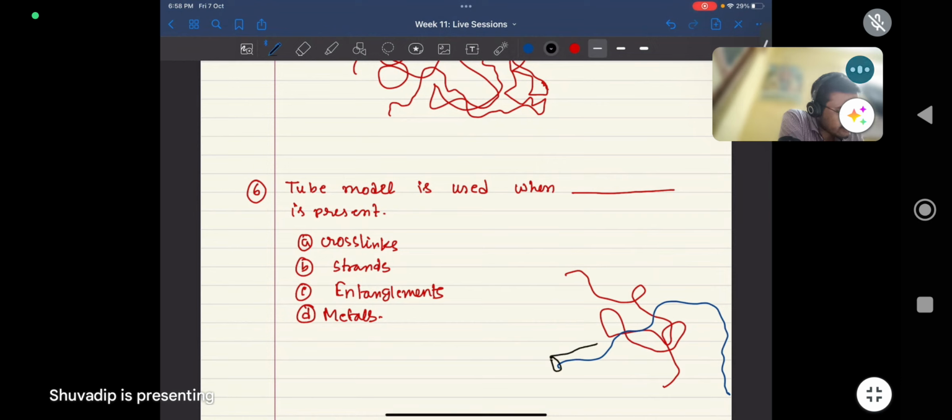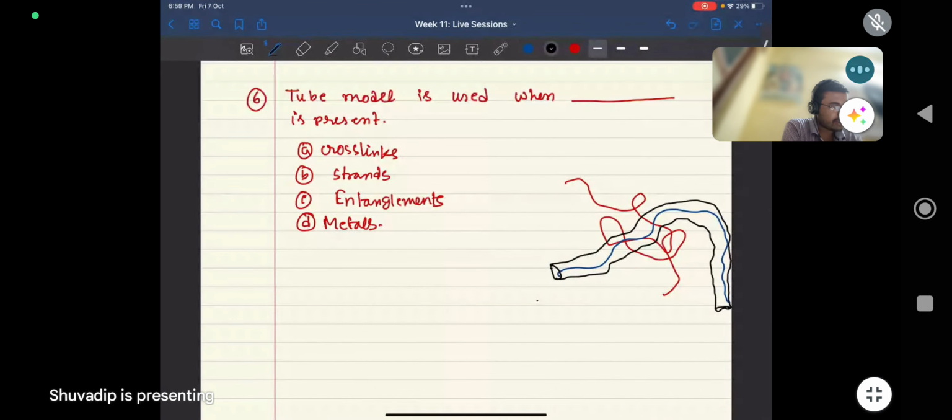a tube around the length of this chain, and the polymer can only move along its contour. So after certain time this polymer can become like this, and this portion can go, so it will be an elongated tube now like this.